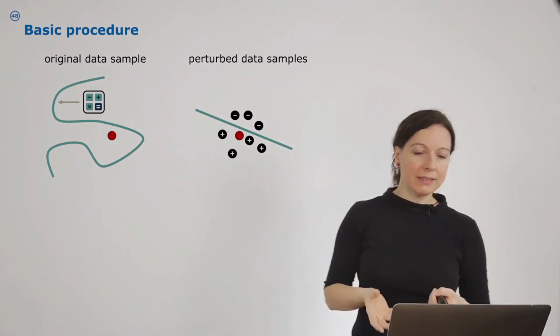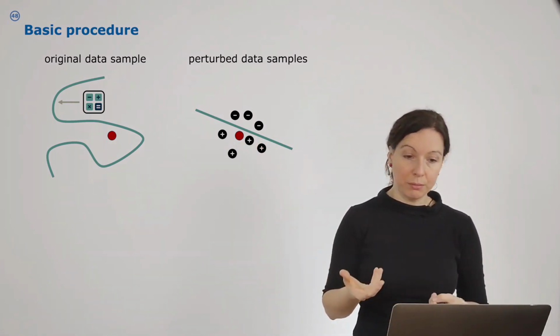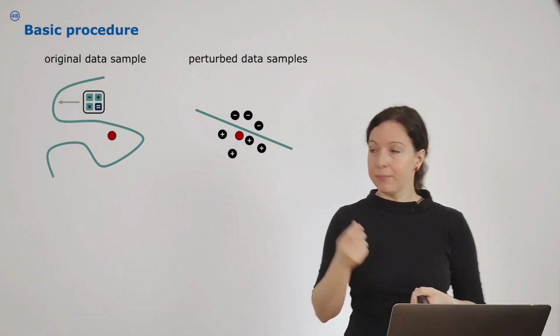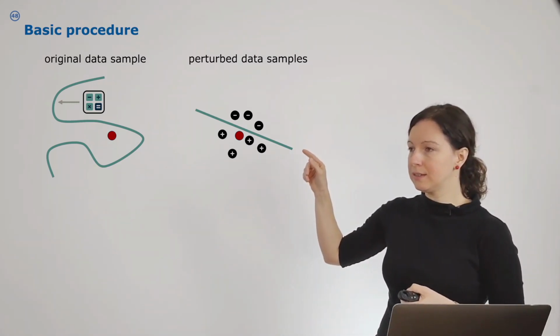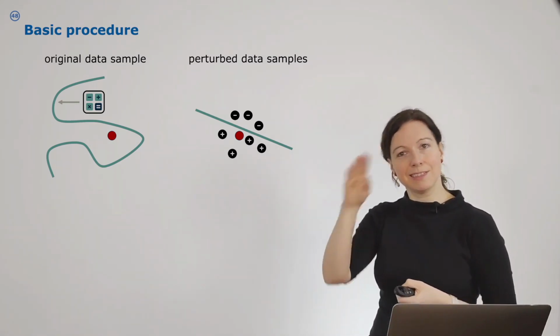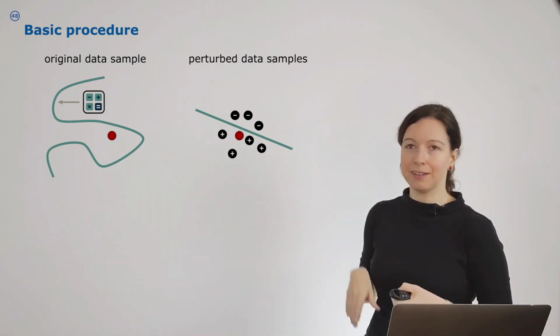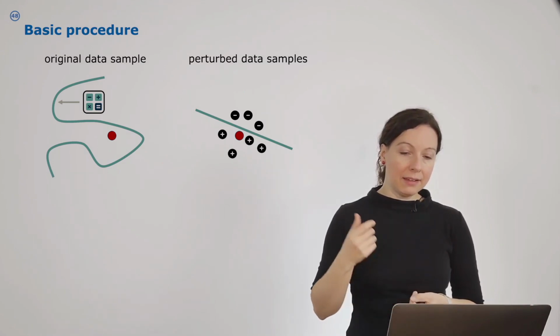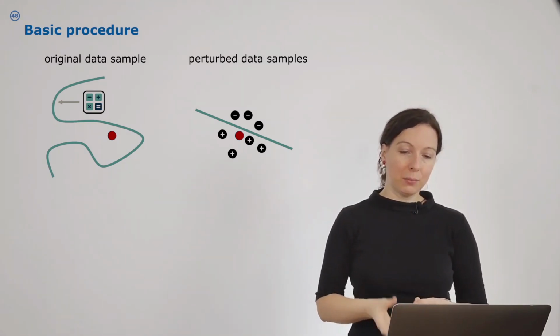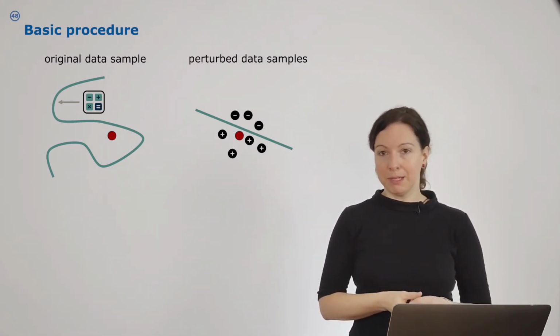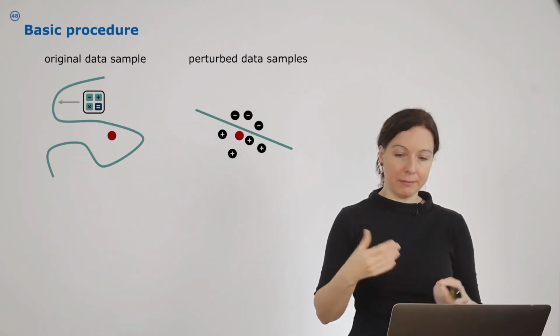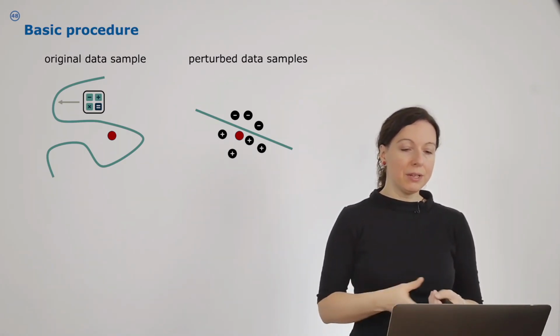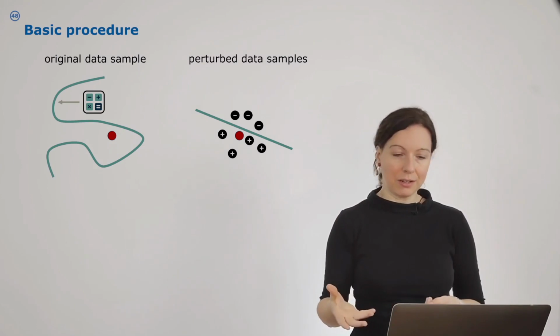On this new dataset, LIME then trains an interpretable model. So this is the green line, and it's straight, and so it indicates it's much easier to interpret. And this is weighted by the proximity of the sampled instances, illustrated in black, to the instance of interest, illustrated in red.